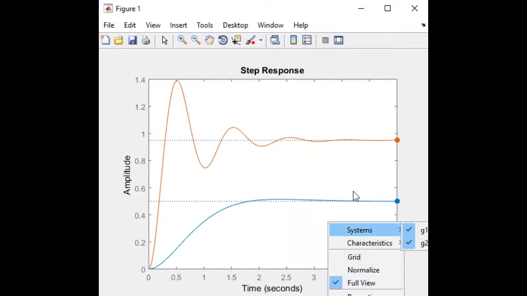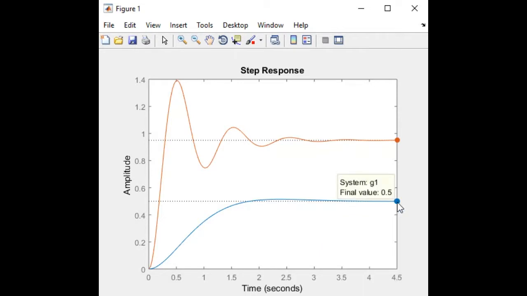When I click on this point, you see the final value. They're saying final value in MATLAB, but what it really means is the steady state point. From that, we can determine steady state error. So we see clearly the steady state error is 0.5.